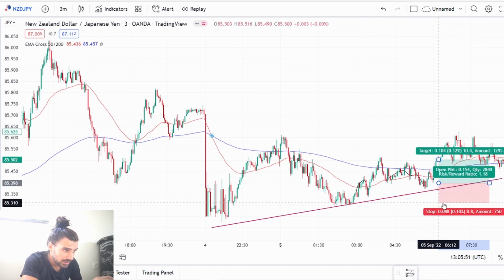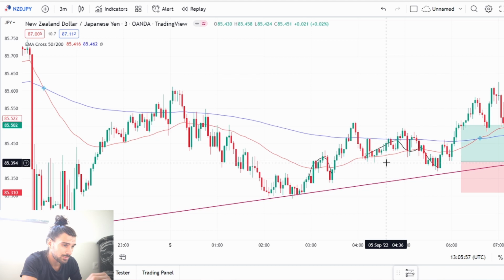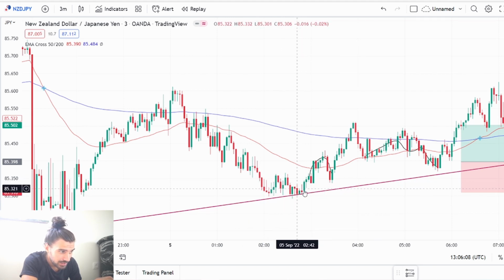But I think this here, since here's my third touch trend line, I don't want my third touch trend line to be broken, because once my third trend line touch is broken, probability is that the market will go much further to the downside. So my third touch would be here, and I would take this candlestick since here it was kind of an engulfing one, and it took out all the previous candlesticks.